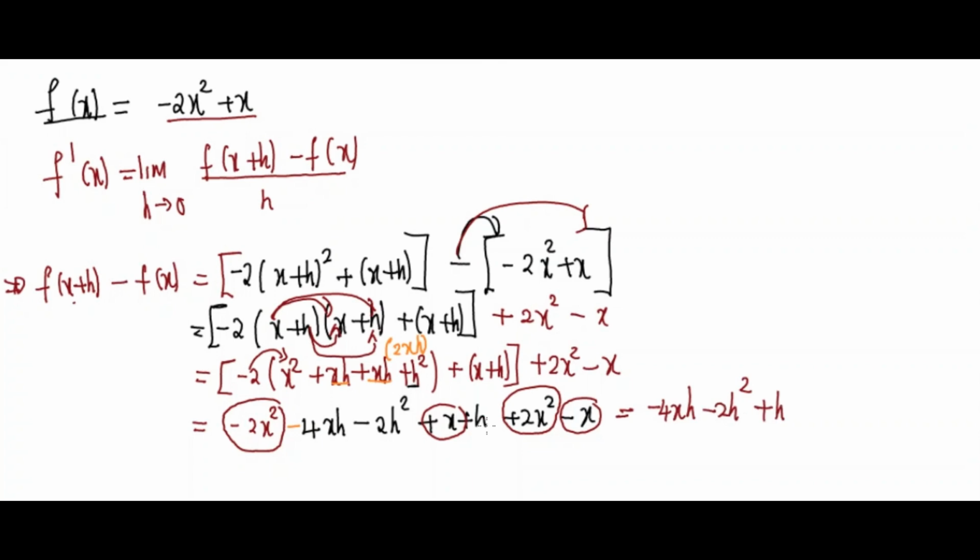So now we know that our f at x plus h minus f of x is this one, so we can write it somewhere. So our f at x plus h minus f at x is equal to minus 4xh minus 2h squared plus h. So let's erase some stuff here so that we can get some space.